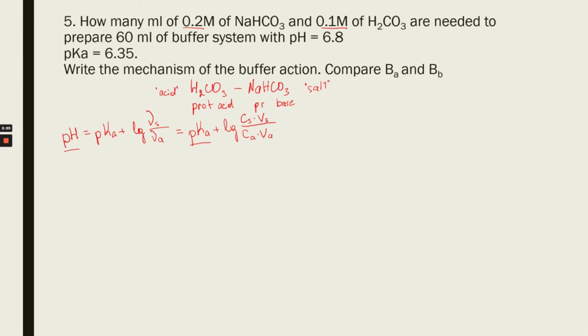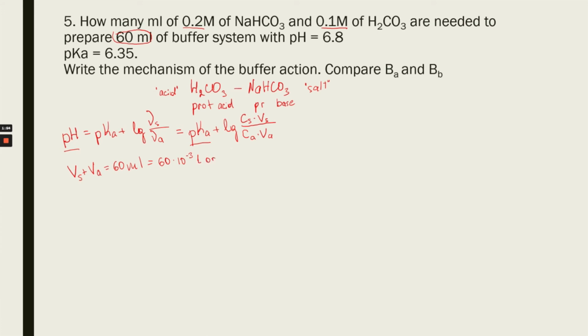At the same time, there is the information that the total volume is equal to 60 milliliters. So we can write volume of salt plus volume of acid is equal to 60 milliliters. Or I will convert it to liters and write 60 multiplied by 10 to the power minus 3 liters.